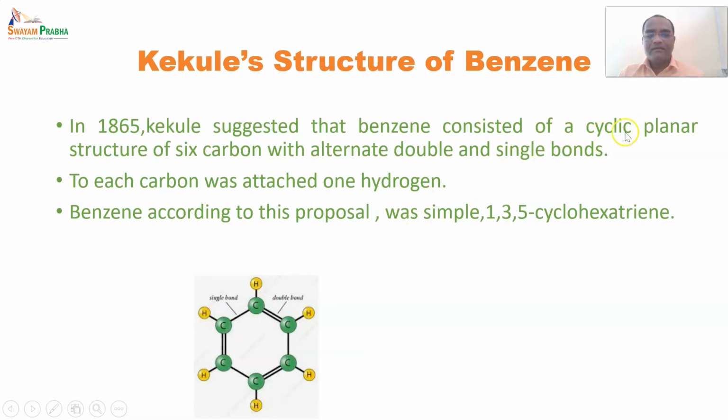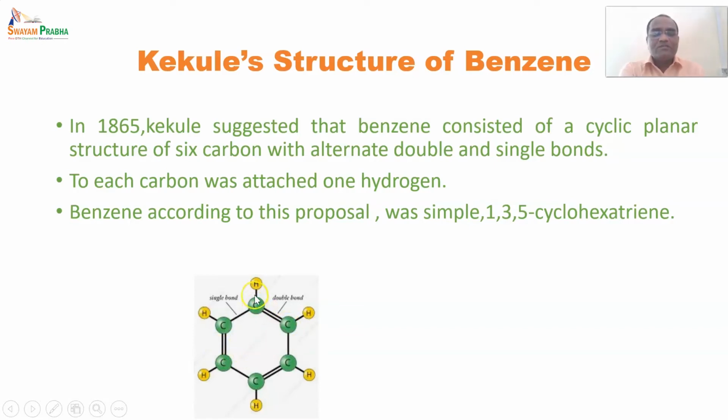Hypothetically it was suggested that it is a cyclic and planar structure. Planar means that all the carbons are of the same hybridization, all sp2 hybridized. That is why it is said to be a planar structure, having 6 carbons with alternate double and single bonds.